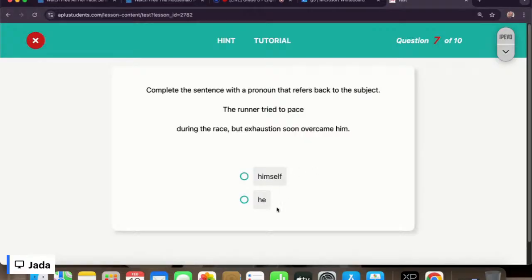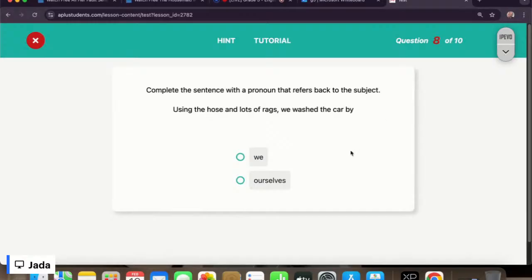All right, so we have what? Him? Himself, okay? All right, that's it for our lesson today on the reflexive pronoun.